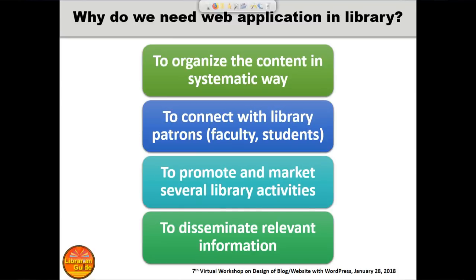So we also get these options in mind, that we need a website or a blog to organize the content, to connect with outside users, to disseminate information which is relevant for others, and also, obviously, we do the marketing of our own things.